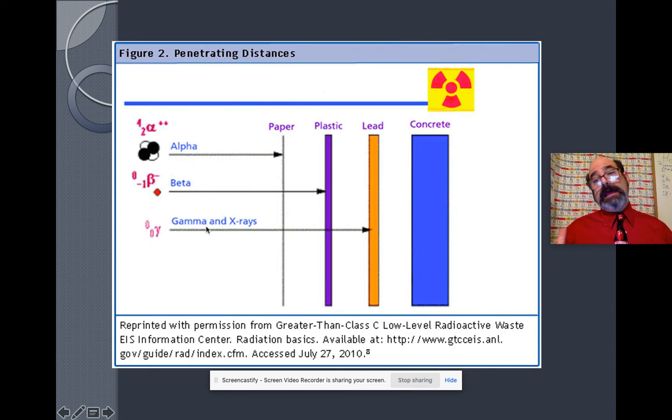And then comes the gamma rays, which are like X-rays and go through paper, go through plastic, go through your bones, just like X-rays. But you need a big chunk of lead or a big chunk of concrete to protect you from these gamma rays. So in the order of penetration, meaning how far they can go, alpha particle, easy to stop. Beta particle, a little tougher, and a gamma goes right through there.